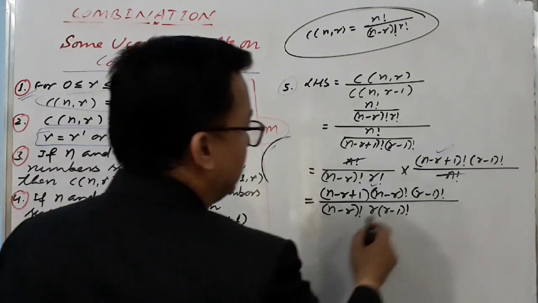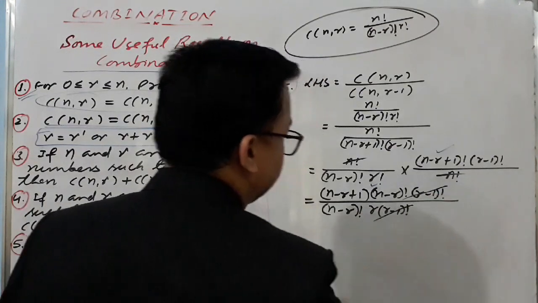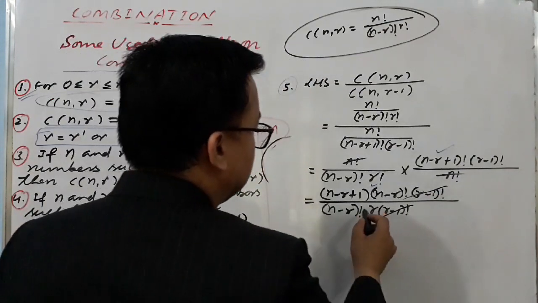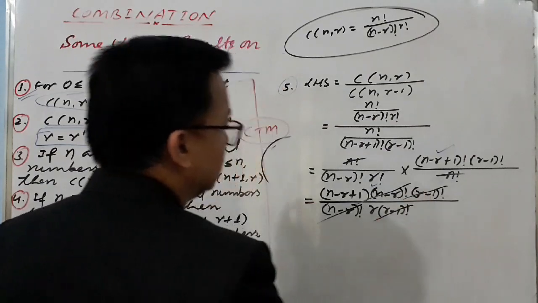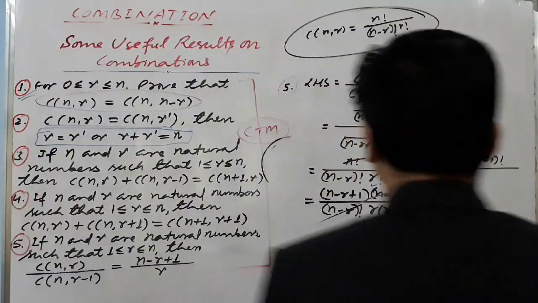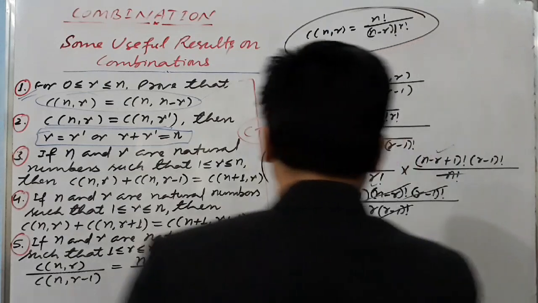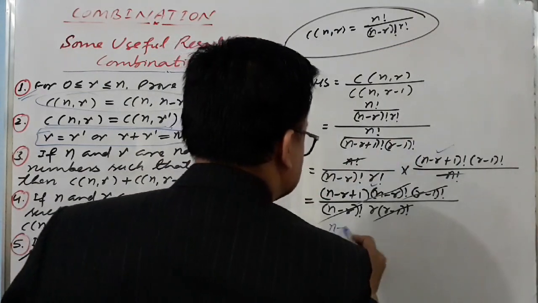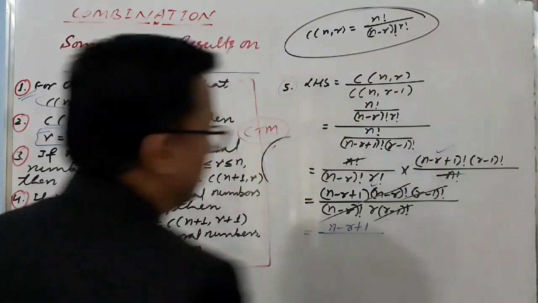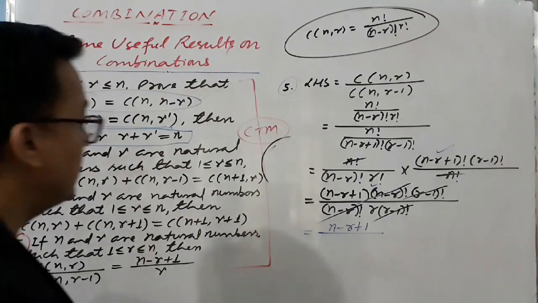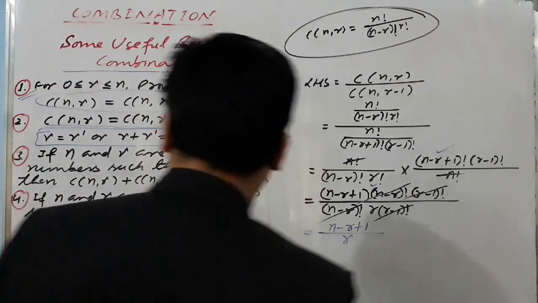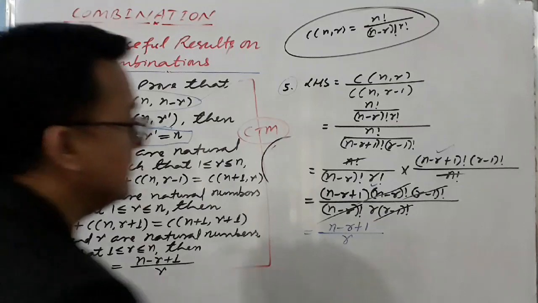So simple now, cancel, and here cancel, you are going to get your final line: n minus r plus 1 over r, which is your right hand side.